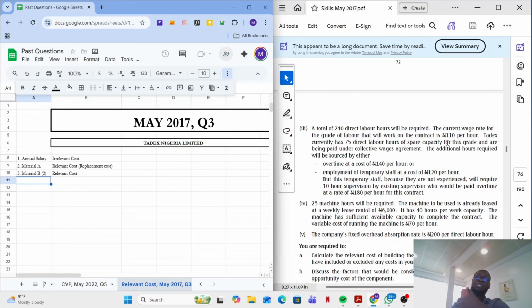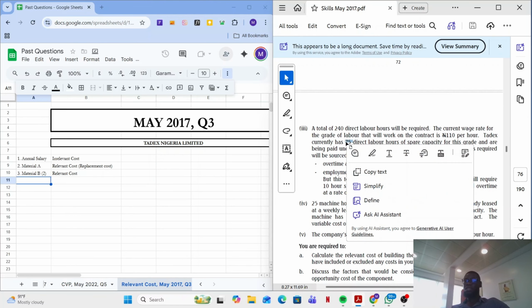Immediately you hear spare capacity, that portion is irrelevant. They can call it spare capacity, they can call it idle time. So far you hear spare capacity or idle time, it is totally irrelevant. So 75 hours here is irrelevant. But note that the total hours that they need is 240. So we remove the 75 from it, and then we get our relevant labor hours.